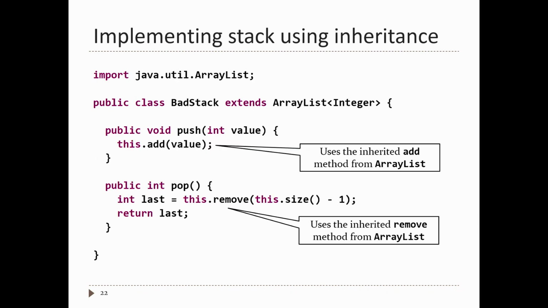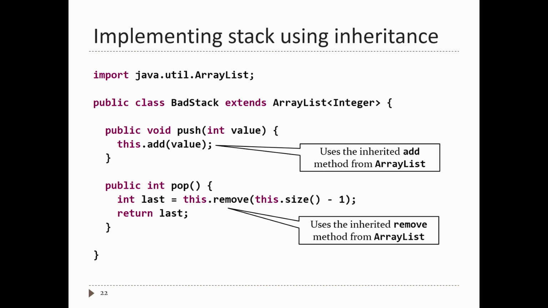Now, if you do this, there's no need to have any fields in our stack class. I don't actually need a collection to store the elements of the stack, because a stack is a list. That's what extends, or inheritance, means. BadStack is a list, which means it already has some fields in it.